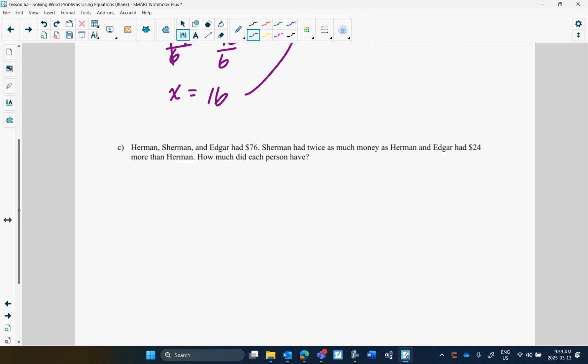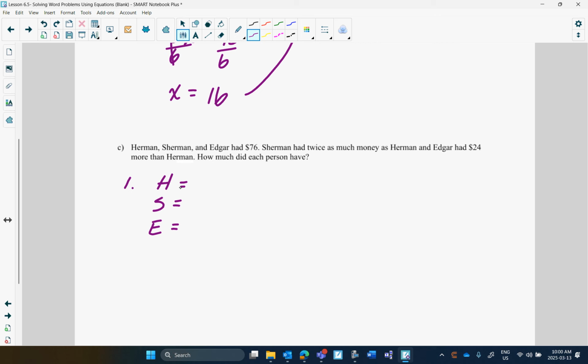How many unknowns in this one? 3. There is Herman, there is Sherman, and there is Edgar. One of them is called X. And usually we call the one with the smallest amount X. Who has the smallest amount? Herman, right? Because Sherman has twice as much as him, and Edgar has 24 more bucks than him.